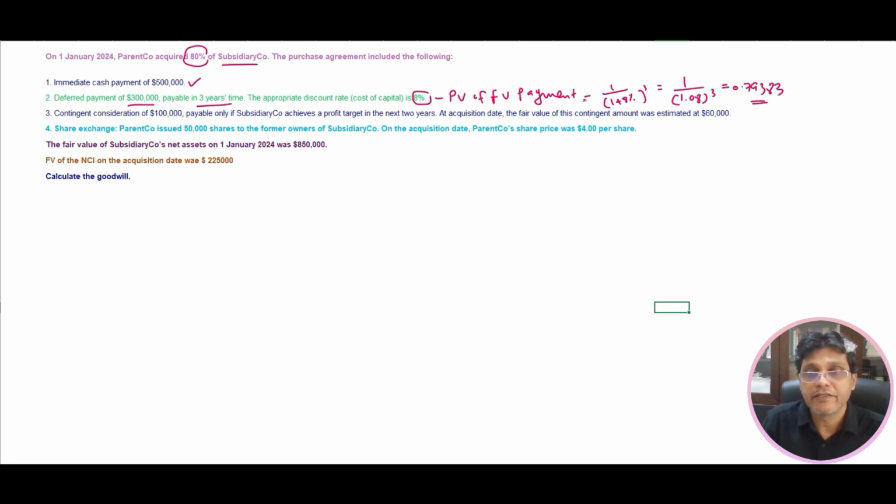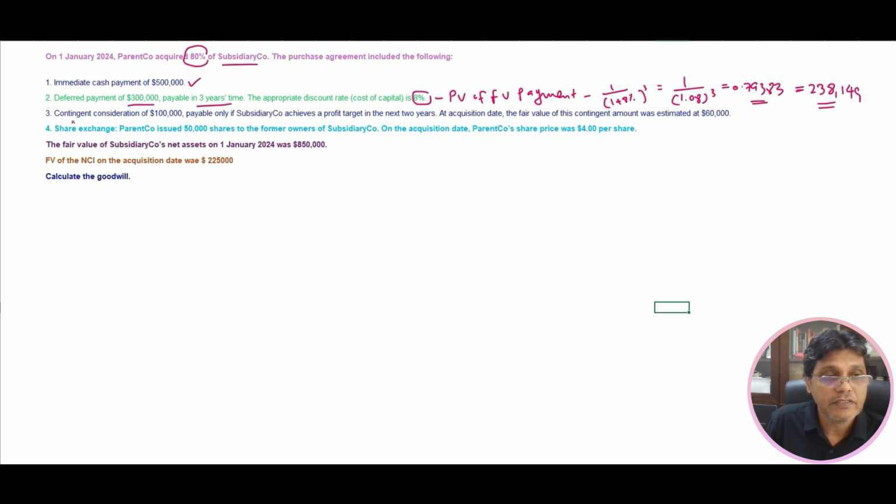So that 300,000 has to be multiplied by 0.79383. So when you calculate 300,000 times 0.79383, that amount is going to be 238,149. Okay, so that will be the deferred payment. The present value is 238,149.